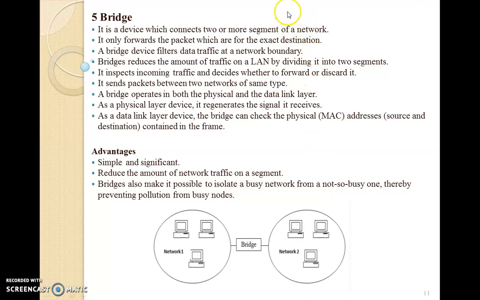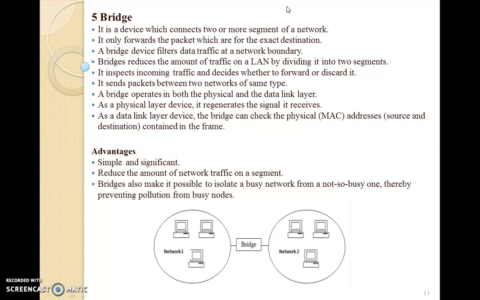Or we can say that two or more network segments can get connected via bridges also. It forwards the packets for the exact destination. That means it finds out the exact route, the shortest route.